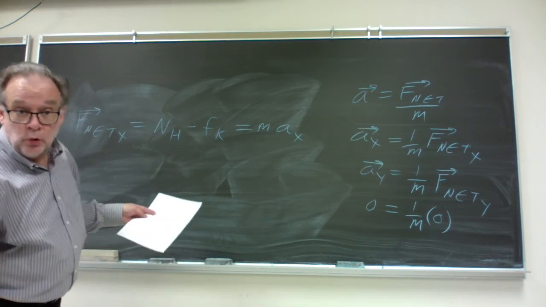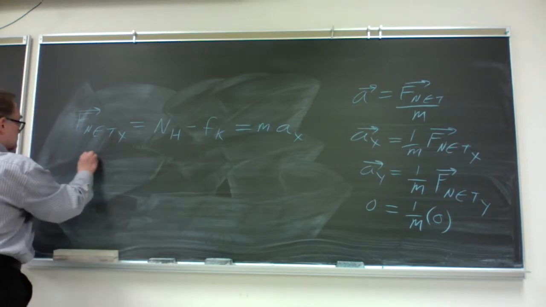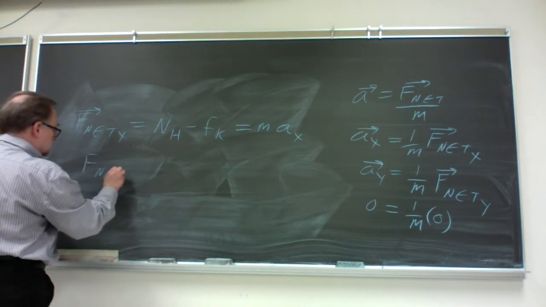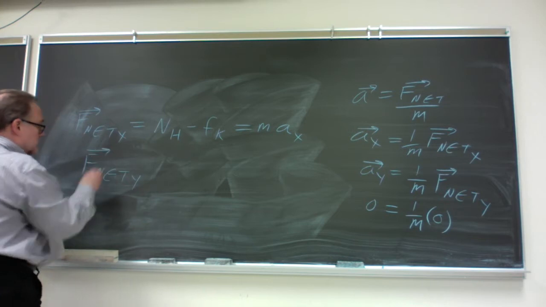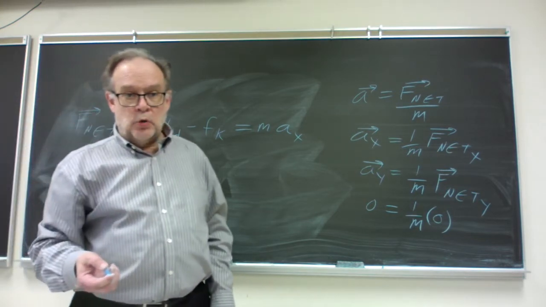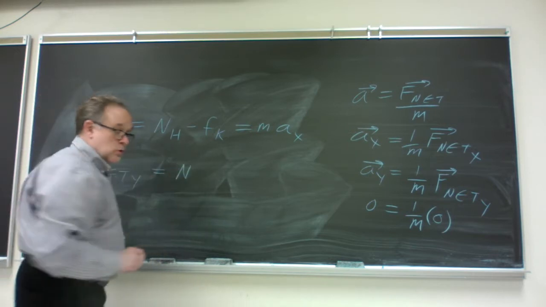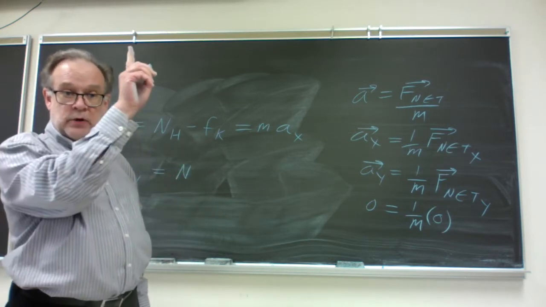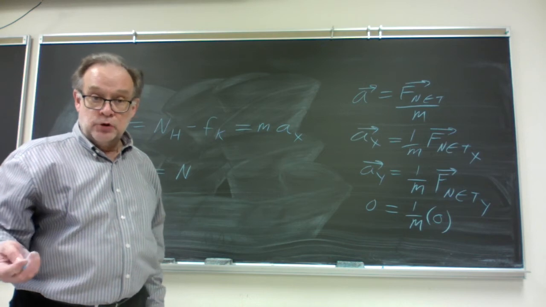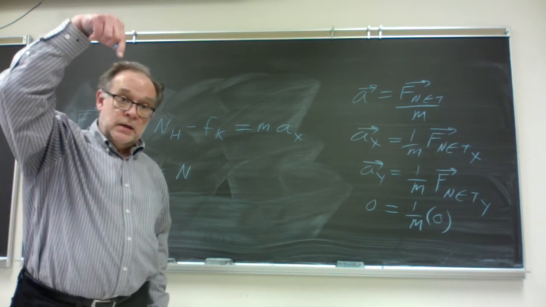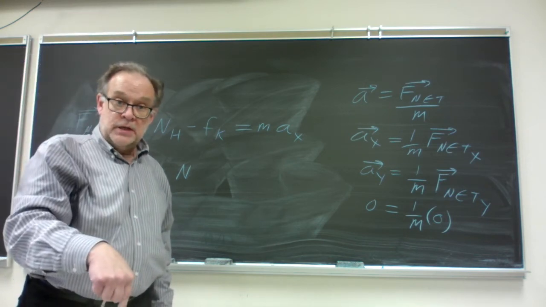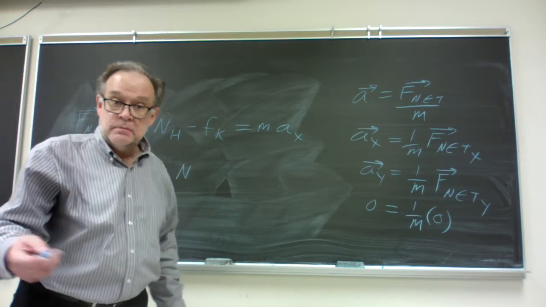do the same for the y direction. The y component of the net force is just all the force in the positive direction. That's just the normal force from the floor, minus all the force in the negative y direction. That's just the weight of the crate.